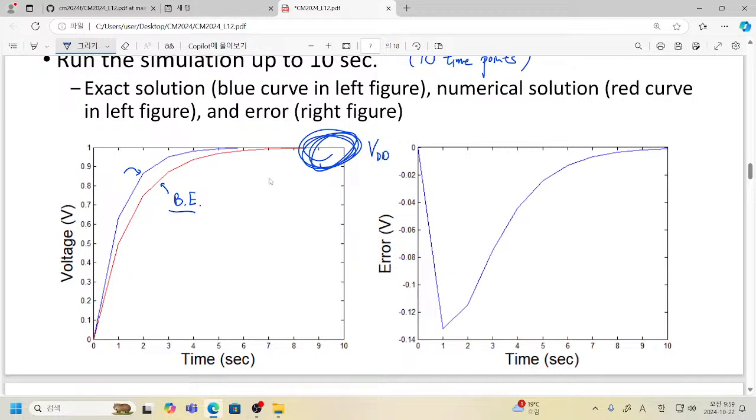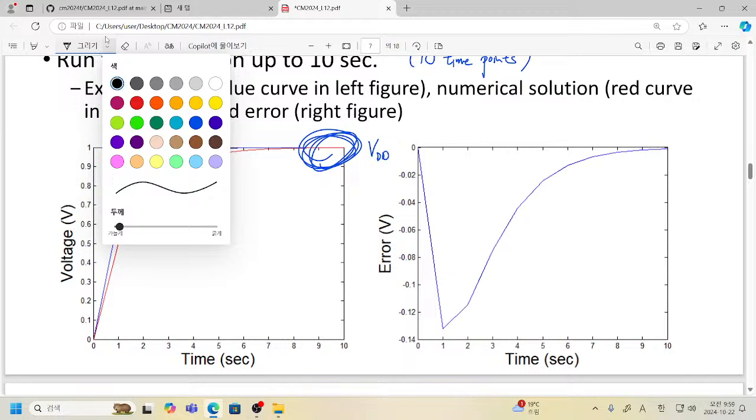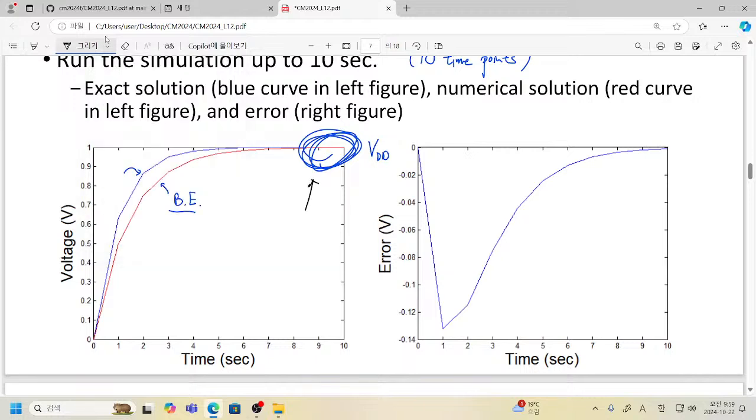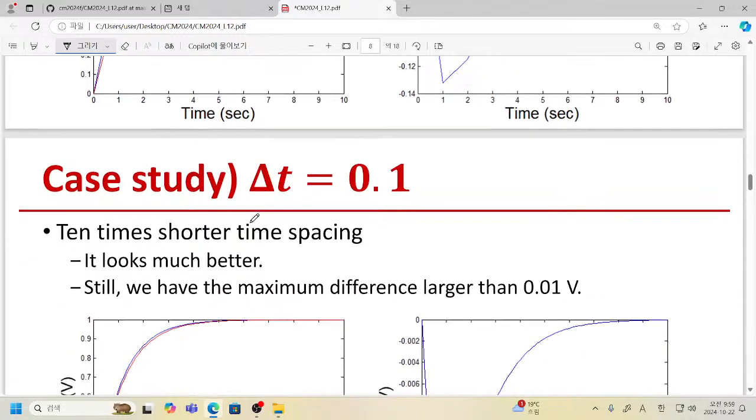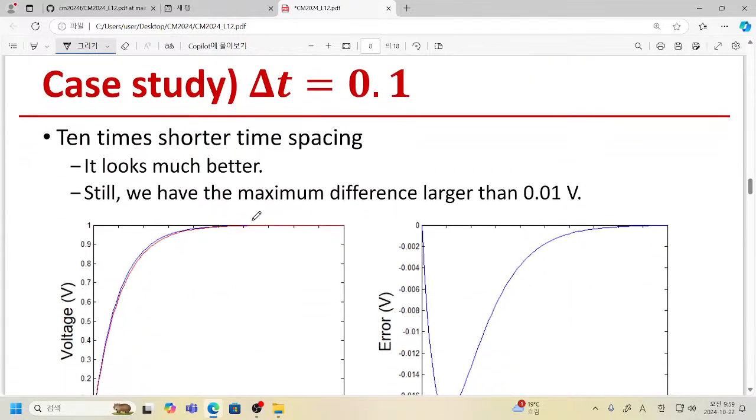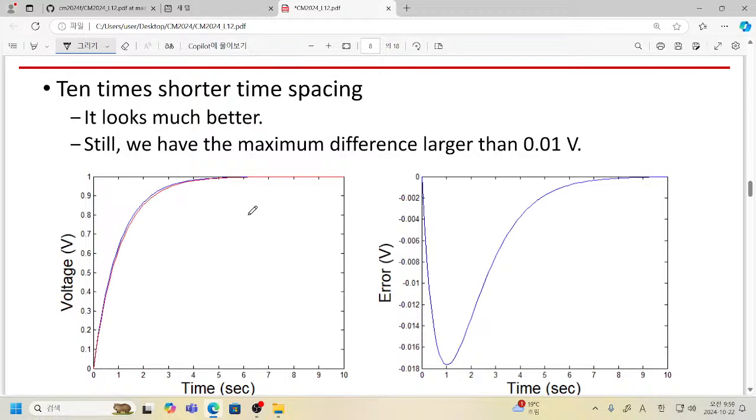However, as I told you before, in this case the important quantity is not this final solution, but the intermediate behavior. So it shows a certain difference. Why do we have this visible difference? It is related to our time resolution. Simply speaking, if we introduce a finer resolution, then that error will be reduced. Just like 10 times shorter time distances, so now you have the difference between them.